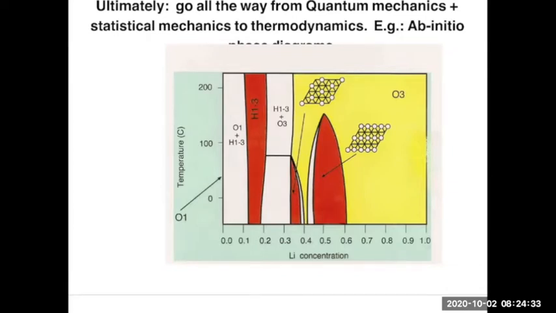We're not going to do that in this course because it's a bit too involved, but you really wouldn't be able to do that if you didn't have the statistical mechanics links. So that allows us today to calculate things ab initio, right? We can start from quantum mechanics, go through statistical mechanics, and get true thermodynamic quantities, things like Gibbs free energies, heat capacities, and therefore we can actually predict phase stability, phase diagrams, etc.